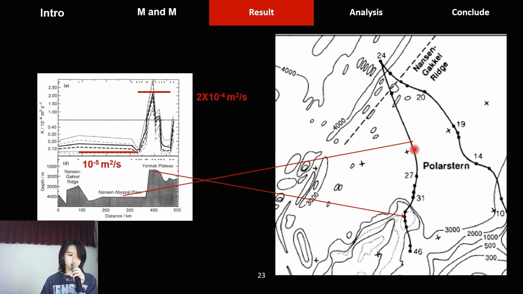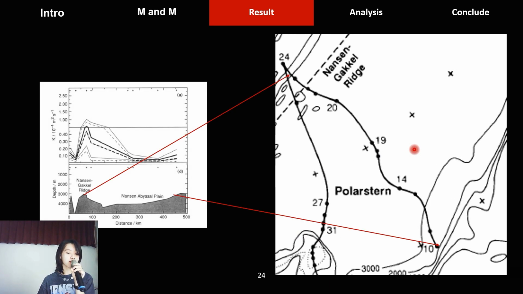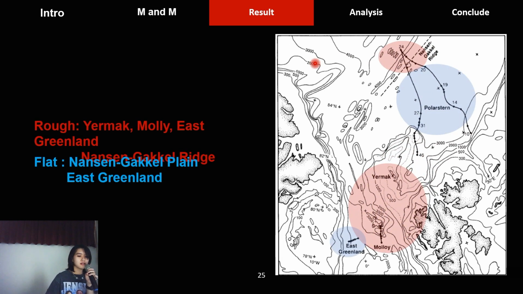And for the last one, you can see the K value has the maximum at the ridge and the minimum at the plain. So the red area is the area that has the greater K value and is also the rough area. And the flat area is the place that has lesser K value and is also the flatter area, which means our hypothesis of seamounts is proven.